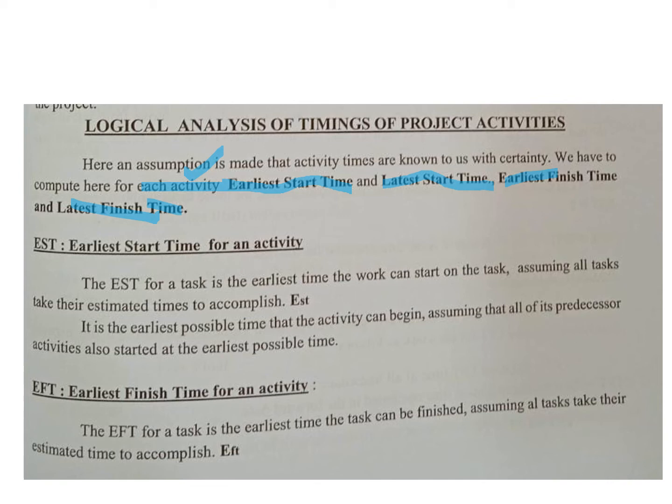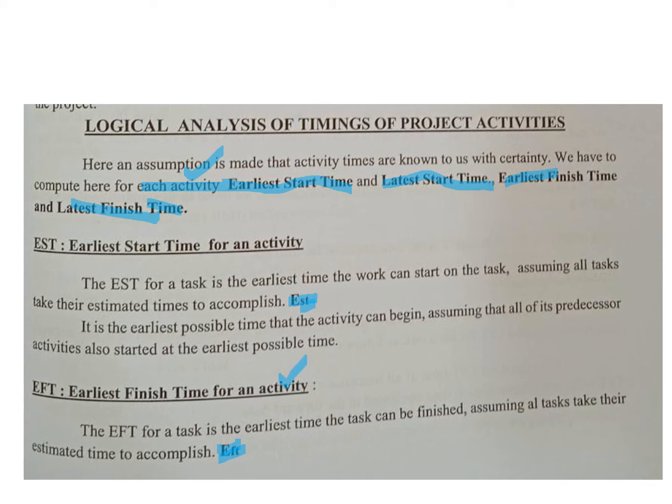Now, for understanding what these are, let us just first start with understanding that we take the time estimates as EST, right? EST is the earliest start time, and similarly EFT is the earliest finish time for an activity.